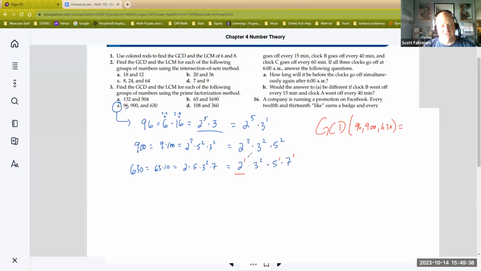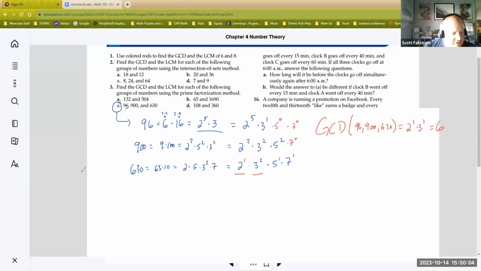So for the 2's, the smallest number would be 2 to the 1st. For the 3's, the smallest number would be 3 to the 1st. And after that, I can see there's 5's, but there's not a 5 in all of them. So if you needed to, you could put a 5 to the 0 and a 7 to the 0 if you wanted to match them up. I don't think it's necessary because if it doesn't exist, don't write it. So my GCD is 6.